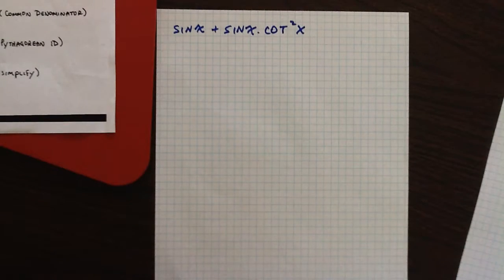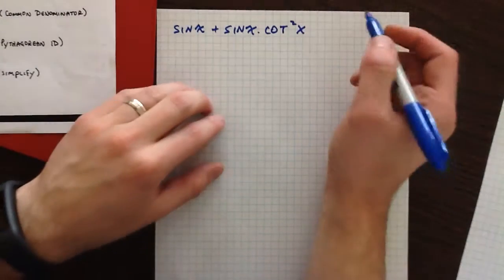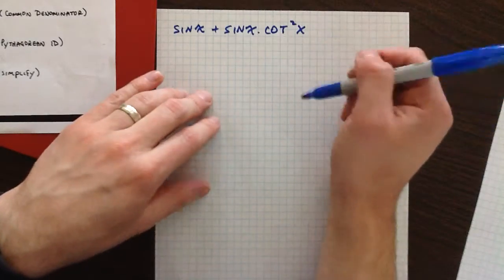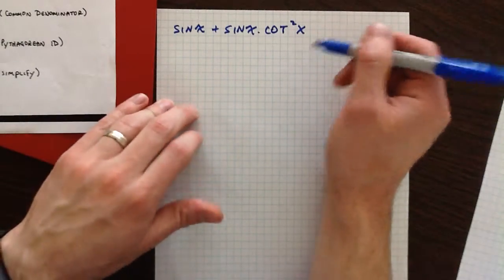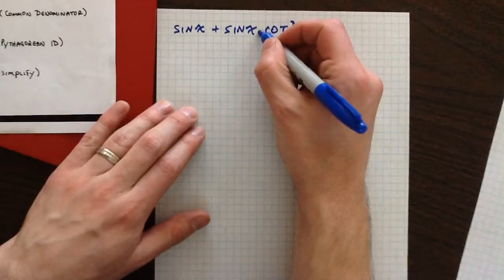Sometimes it's a good idea to multiply. Sometimes it's not. Sometimes it's a good idea to switch things in terms of sine and cosine. Sometimes it's not. When do we know when or when not to? You try it. See what happens. One of my favorite things about this is there is not necessarily one set way of figuring it out. You've got to be creative. You've got to try out different avenues. Sometimes you hit a wall and you get stuck. Sometimes you get through something.